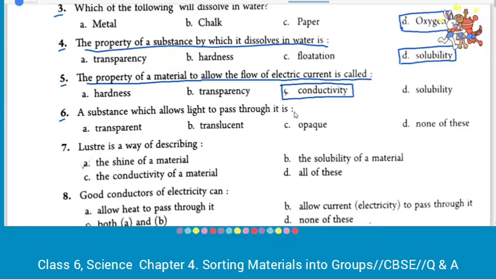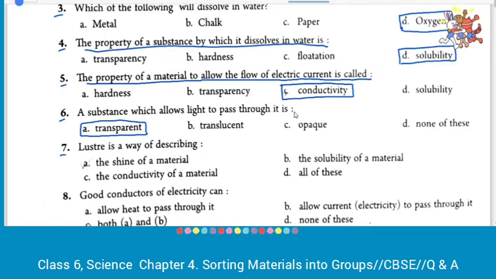Sixth: a substance which allows light to pass through it is transparent, translucent, opaque, none of these. A substance which allows light to pass through it is transparent. Answer is transparent.